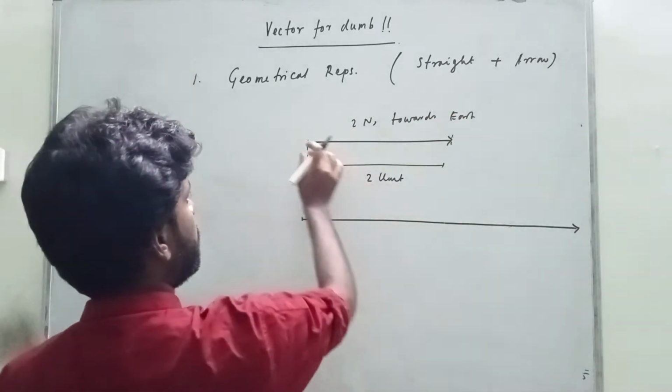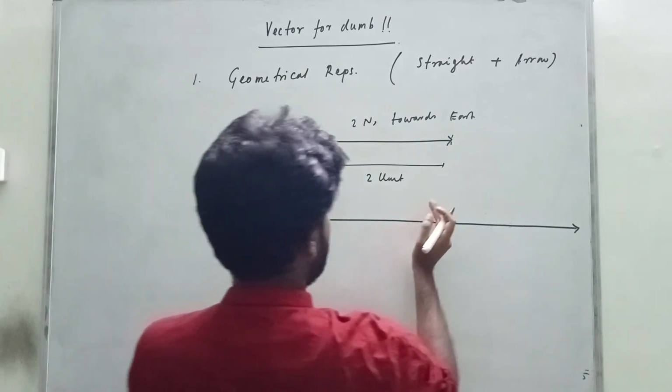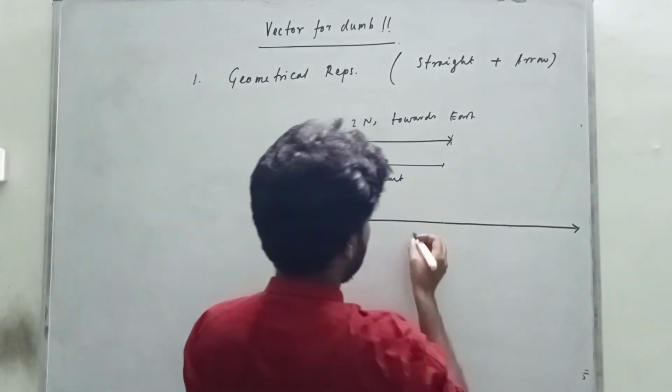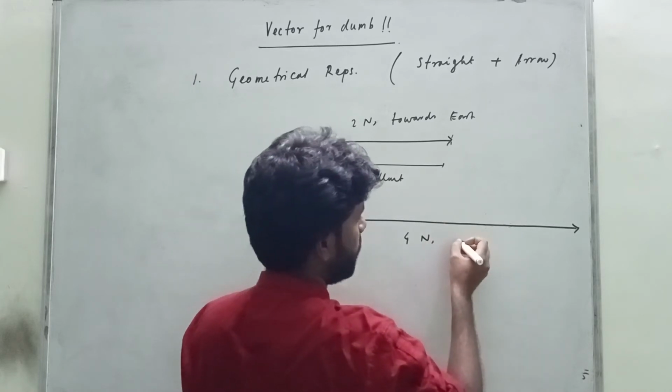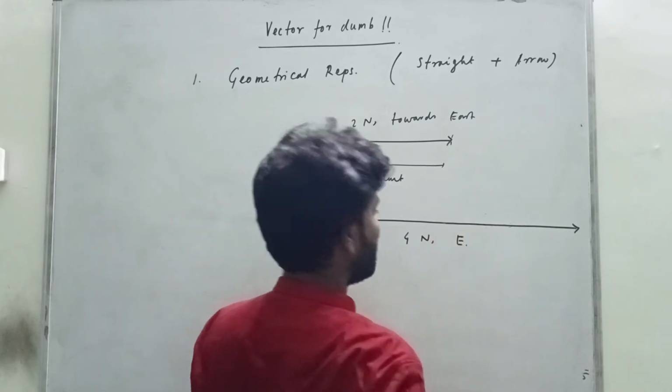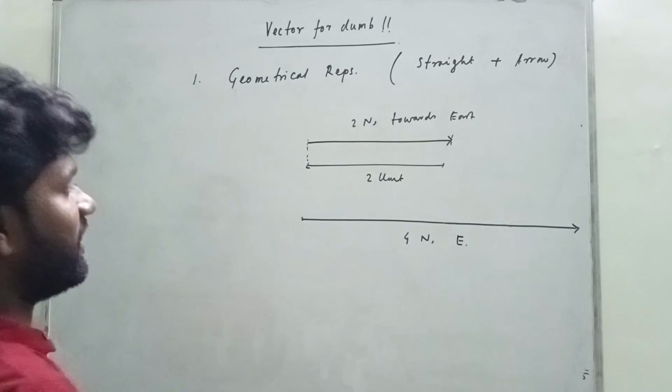So obviously double of 2 means 4 Newton, right? So it is a 4 Newton force towards east. It is very simple.